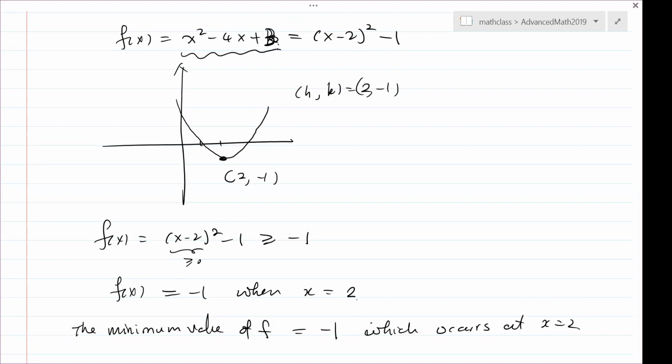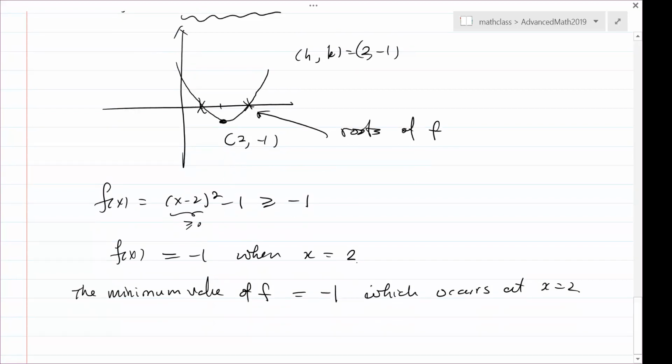Now, you also see that there are intersection points here, right? Those are called the roots. The roots of f. Actually those are the intersection points on the x-axis between the graph and the x-axis.